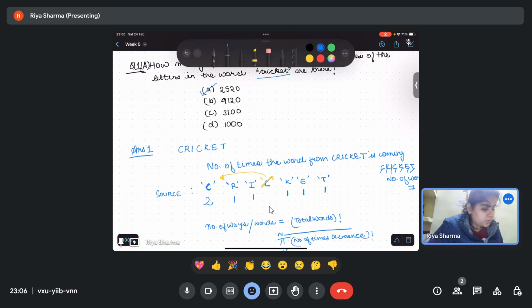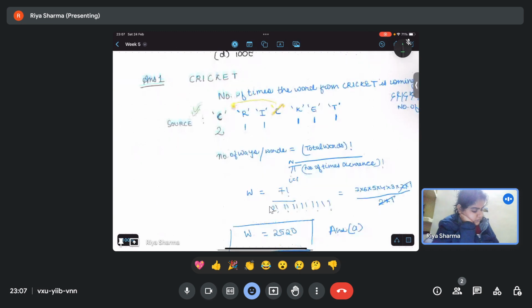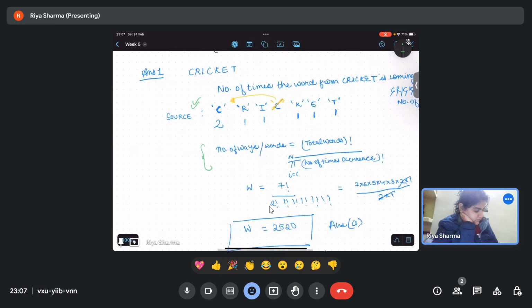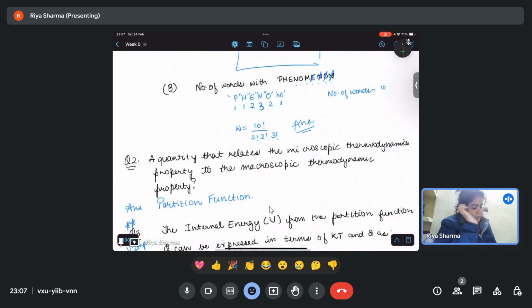Number 2 we learned the permutation and combination, where we should know first of all how to calculate and remember this formula. First of all, it is like non-repeated numbers or number of words which we can make, so that you should remember. So we did for 2 examples and we were able to relate.